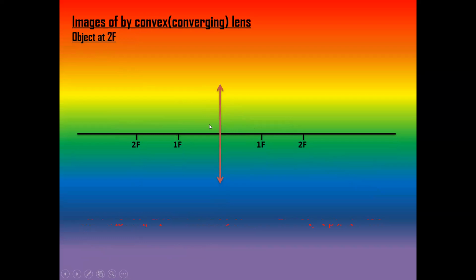So for example, the image formed by a convex lens when the object is at 2F. This is a lens and the object is at 2F. First, the parallel light ray passes through the focus. One ray goes through the optical center, where it will pass straight. The two light rays will intersect or combine at this point, and what we call that is the image.